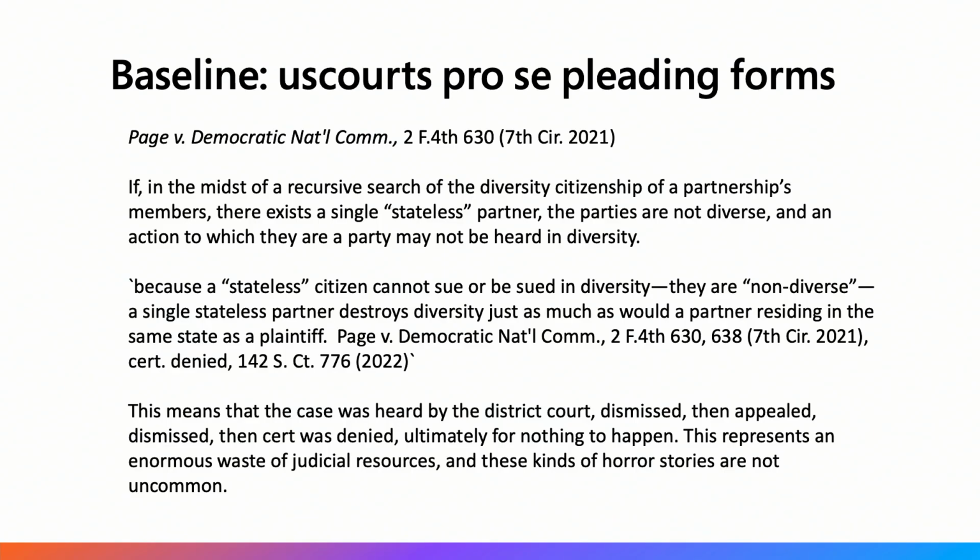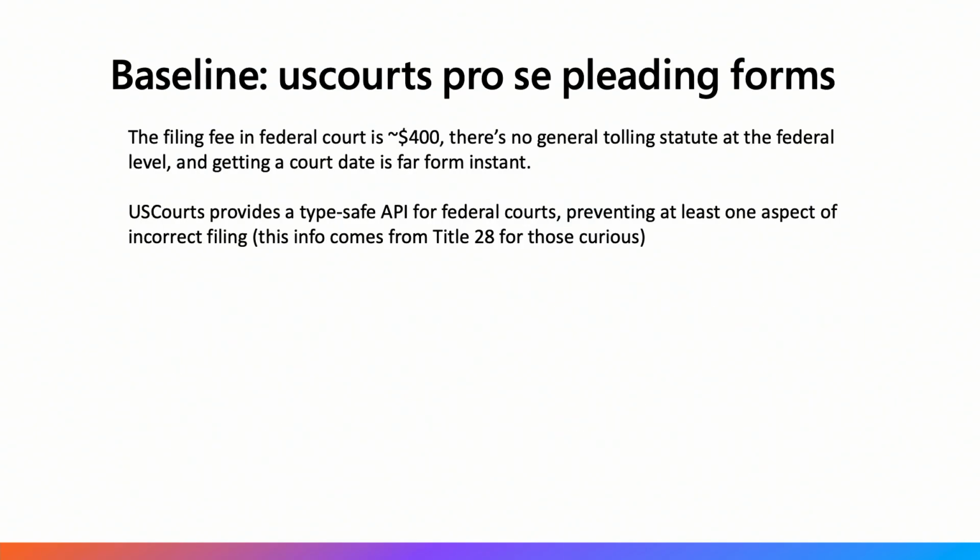If you're suing a partnership, in order to determine the diversity of citizenship, you have to recurse through all members of the partnership. If they are themselves partnerships or corporations, you have to apply those tests. It's very difficult to do, not that bad with a computer. And if you screw up any of these things, those are grounds for dismissal.